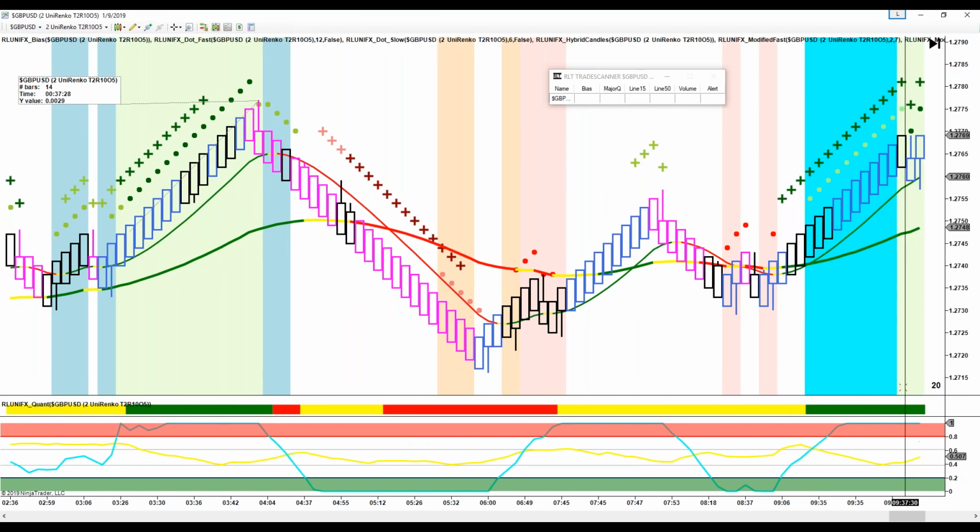Where you're likely to see this first green candle, first green background with dual dots, with green quant, oscillator locked long. You're in a perfect position for a trade. You just don't have an entry here.